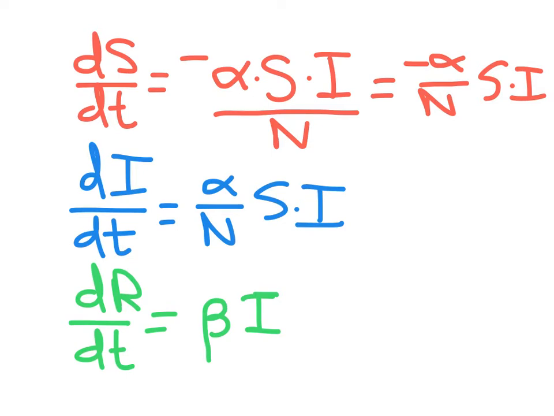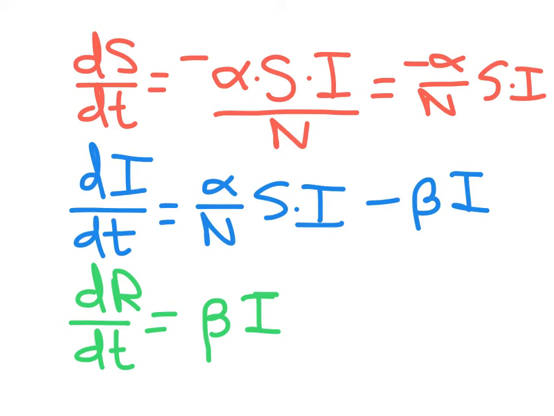But at the same time, people aren't going to be infected and stay infected forever. So the number of infected people is also going to go down by the amount of people that are removed from the infected population. So we're going to actually subtract the amount that are removed per day.